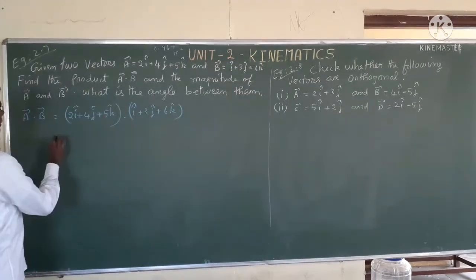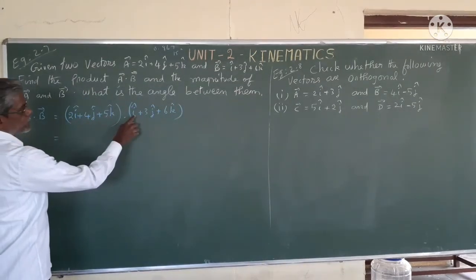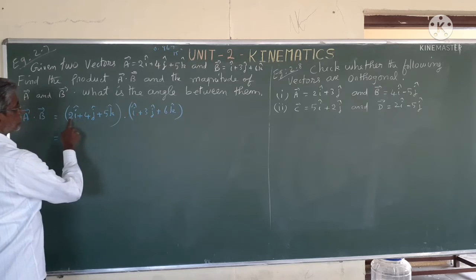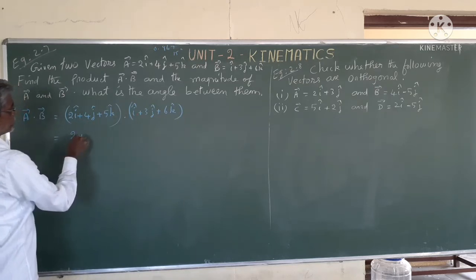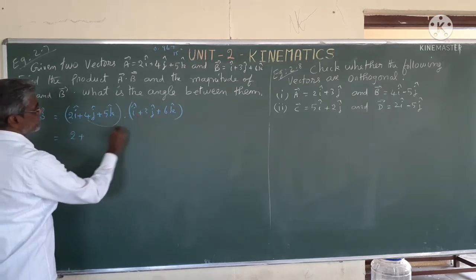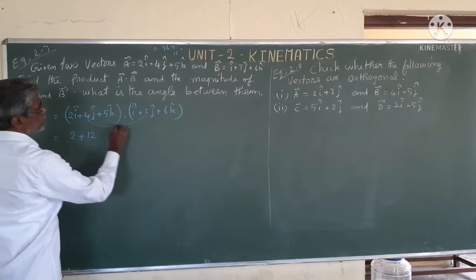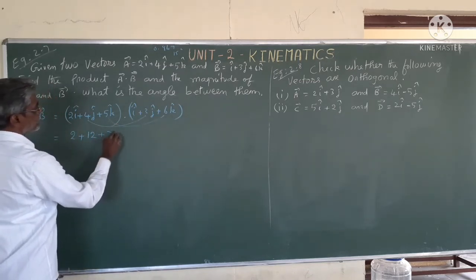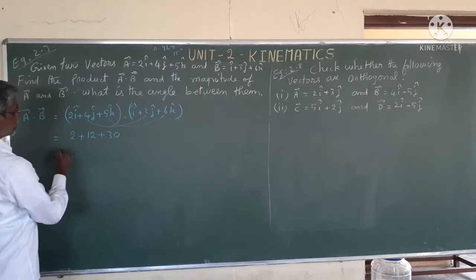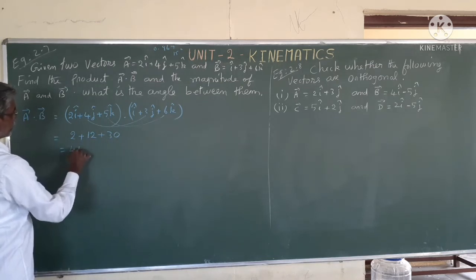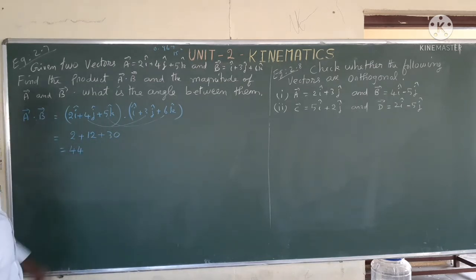Now you find out the dot product. So multiply the I component: 2 into 1, 2, plus 4 into 3, 12, plus 5 into 6, 30. So it gives 44.